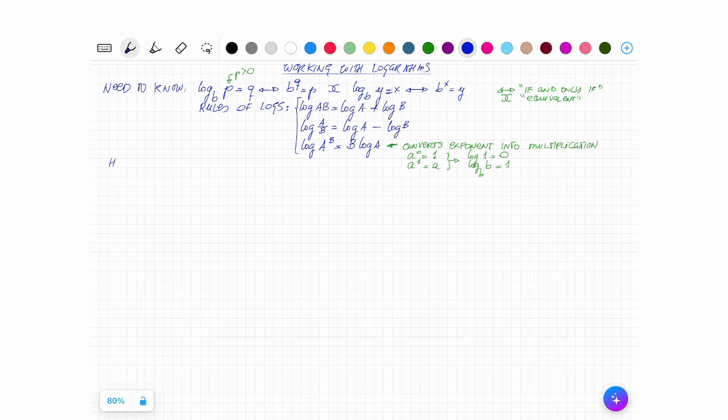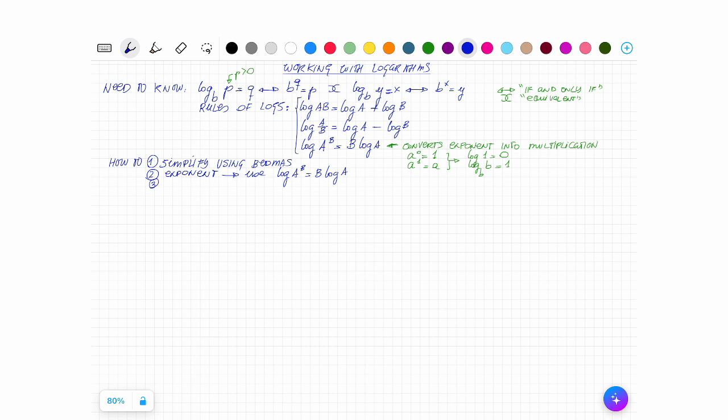Now, how do I use it? First, I'm going to work normally and simplify everything I can using BEDMAS, rearranging in the ways that I know already. And then if I get to an exponent that I need to break, I'm going to use the third rule, logarithm of a to the power of b equals b times logarithm of a.